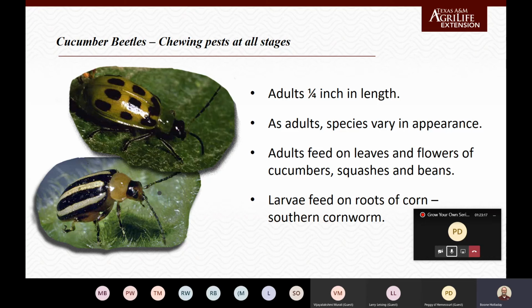So with time and practice, you'll learn how to identify the difference between these pests and our beneficials.